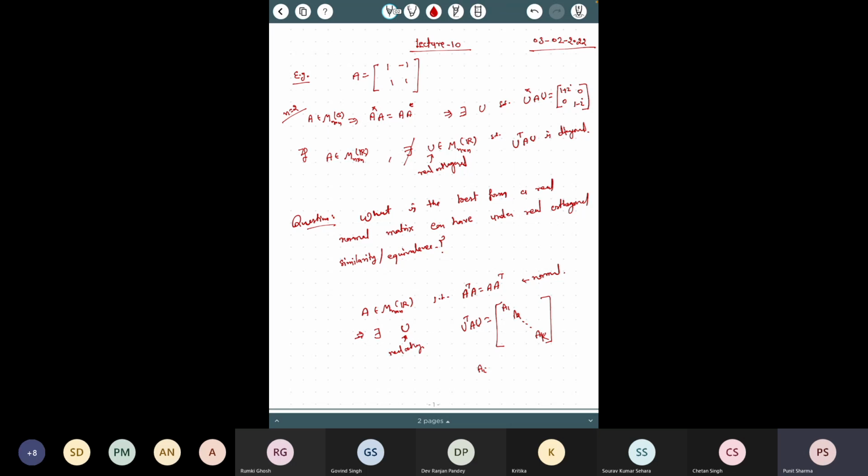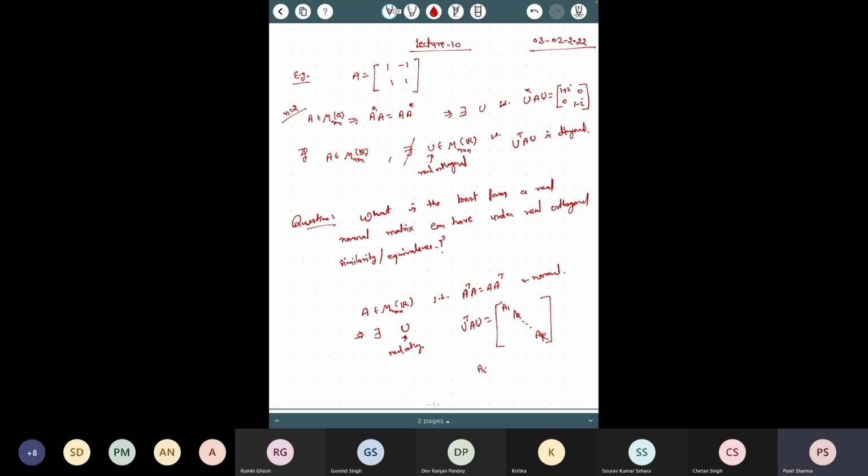complex eigenvalue. And you know, for a real matrix, complex eigenvalues occur in pairs. So if it is a 2 cross 2 block, then it corresponds to a pair of complex conjugate eigenvalues.